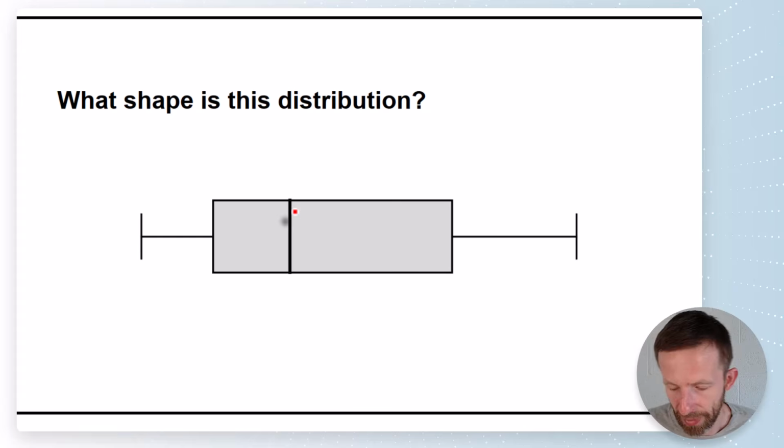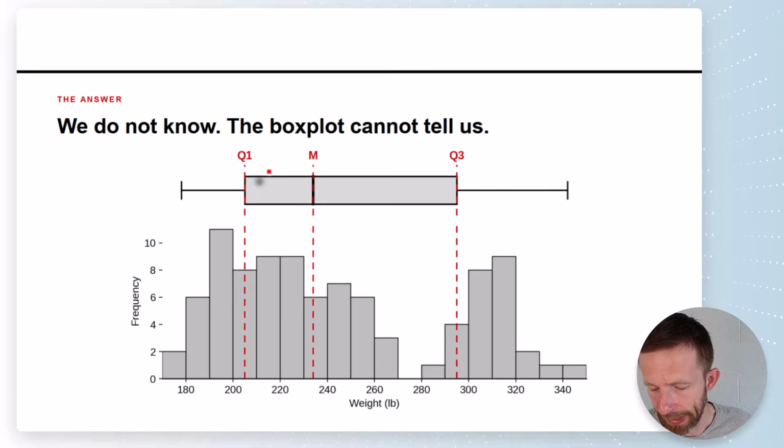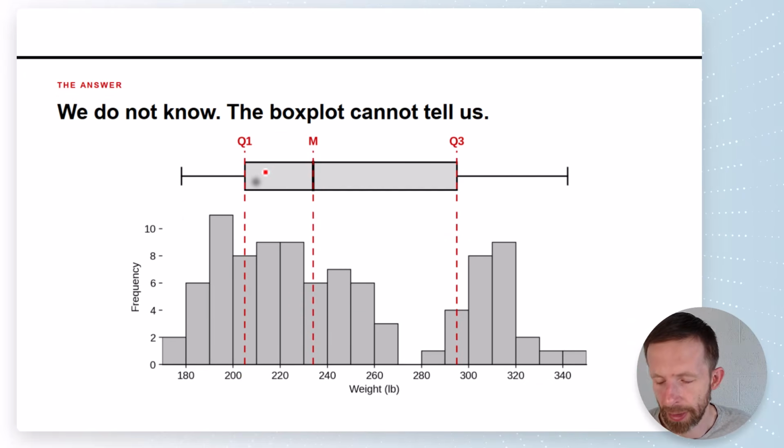So here we have a box plot. And from this box plot, we want to know what is the shape of the underlying distribution. And in this case, we just don't know. Seems like there's a slight right skew, but underneath, this describes the weight of the football players.